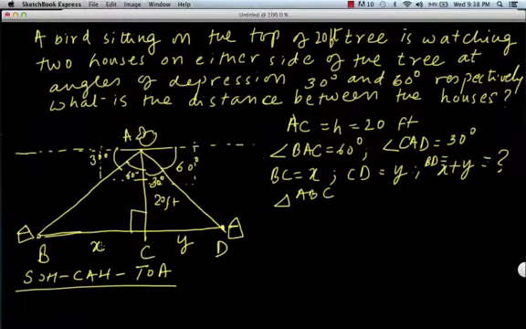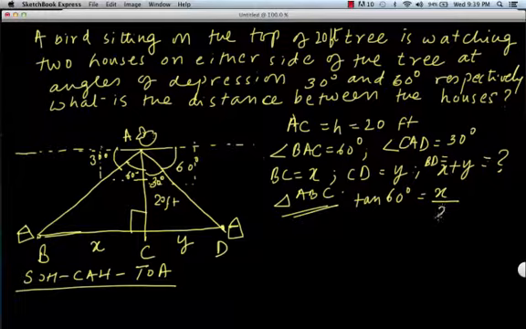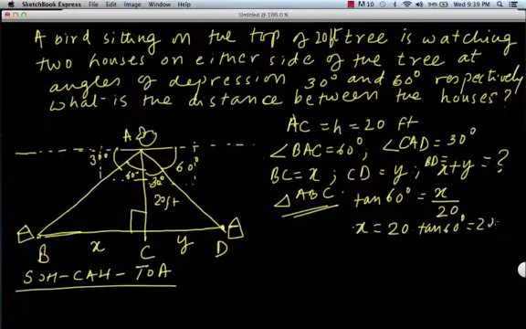We have the adjacent side, which is 20 feet, and we need to calculate the opposite side, which is X. So opposite and adjacent is tan. From triangle ABC, tan 60 is equal to opposite X by adjacent, which is 20. So X is 20 times tan 60, which is 20 root 3, as we know tan 60 is root 3.